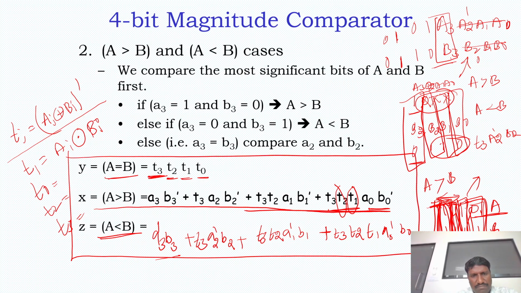From two 4-bit comparators, I can get an 8-bit comparator. By using two 8-bit comparators, I can get a 16-bit comparator. By using 16-bit comparators, I can get a 32-bit comparator. Likewise, we can implement any higher order comparators from the lower order comparators.